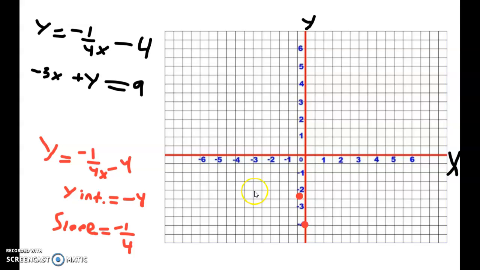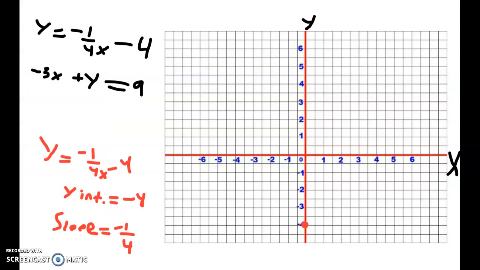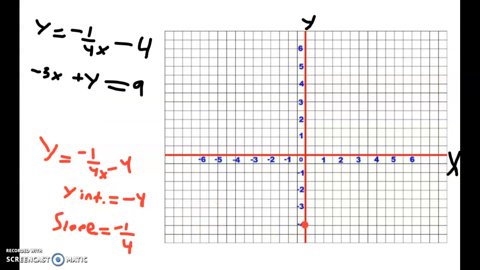So, what we get is the slope, which is negative 1 over 4. So, first, we'd have to go down 1 and over 4. And this is actually 8 squares, but since it is a half, you have to go over 4. So if we do this backwards, because we can check, if we make this smaller, that is a very bad graph, or a very bad line.